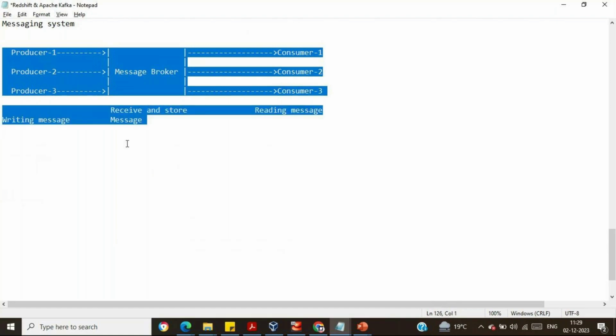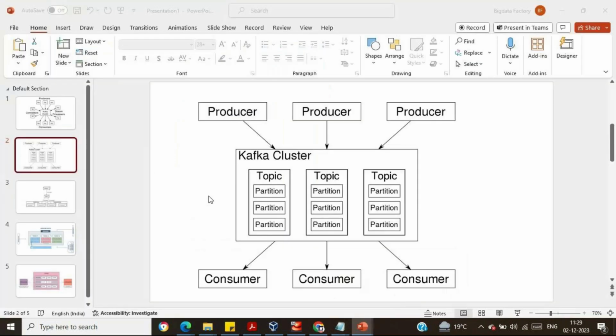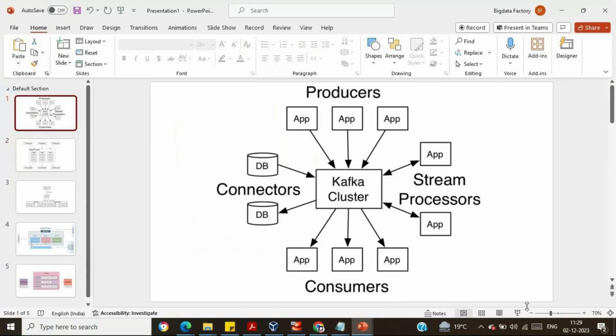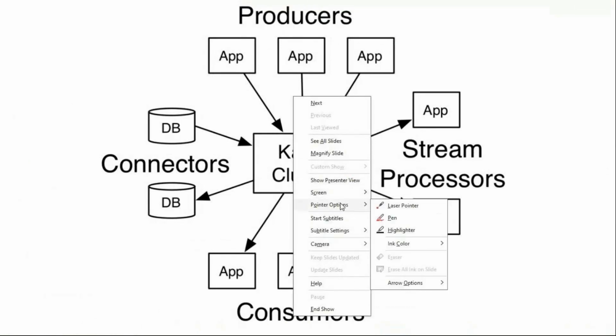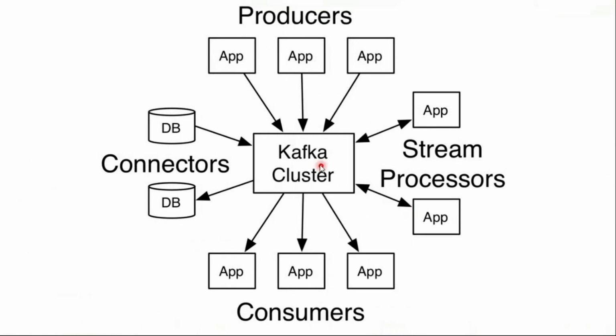So what exactly is Kafka? If we look at the top, Kafka will look like this. Just have a look over here. Inside Kafka we have a Kafka cluster. Then we have producers over here, and consumers over here.